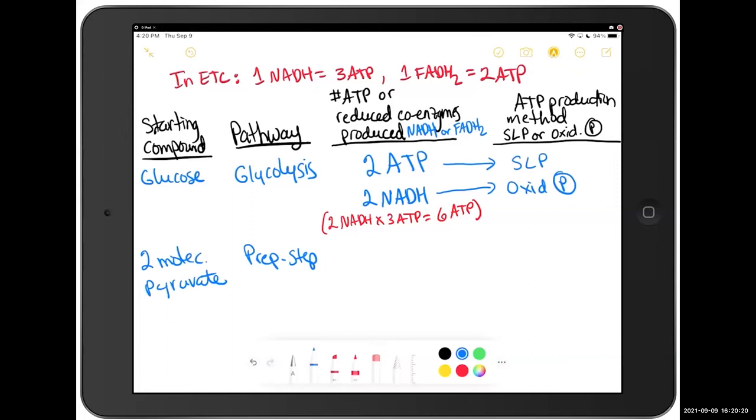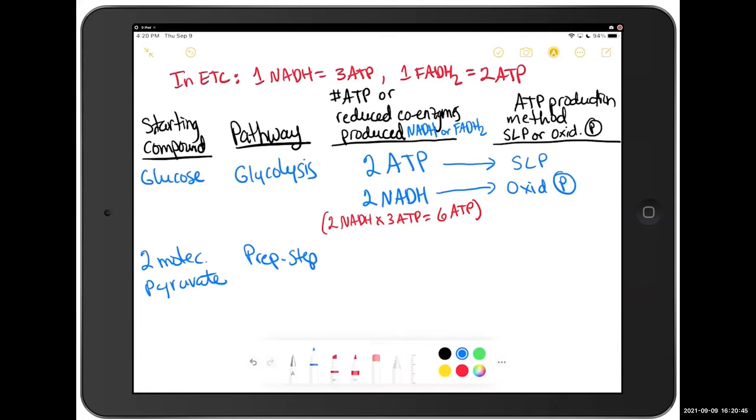Gotta be specific, yeah? How do we generate any ATP or reduce coenzymes within this preparatory step? What do we generate and how many? NADH. We generate NADH. How many?